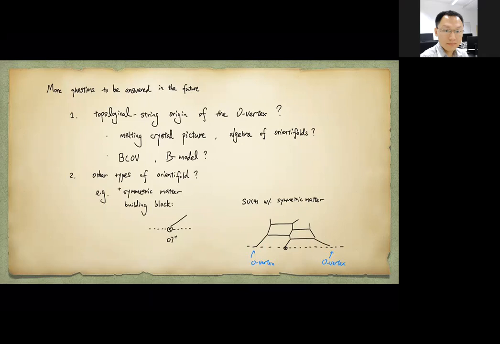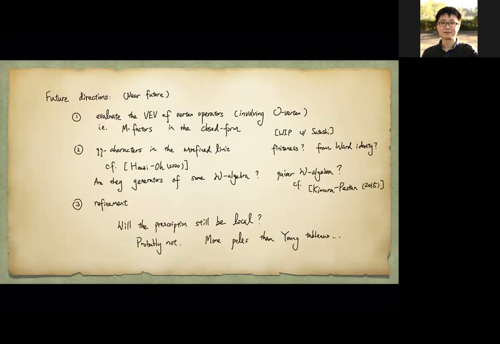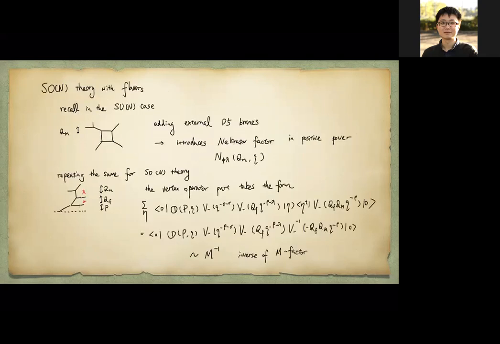Thanks for the good talk. So the last page, you wrote the prescription should be local. What do you mean by local? Local means that each vertex in the diagram can be associated with a function.